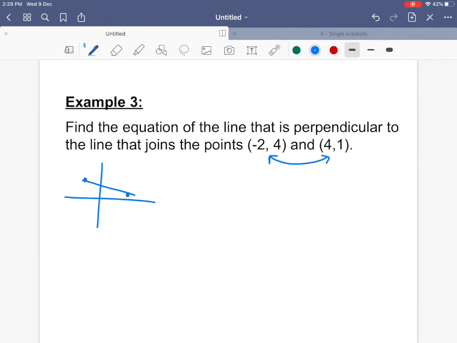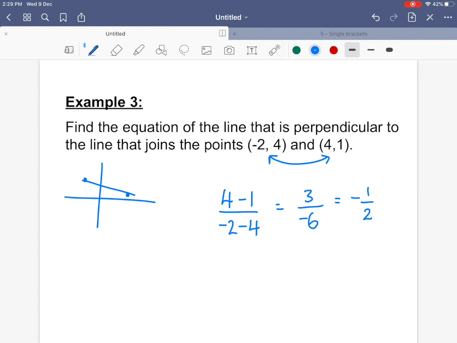So I can find the gradient between those 2 points, which is the change in y, or the rise, divided by the change in x, which is run. I'm just using my gradient formula. So it's 4 minus 1 over minus 2 minus 4, and that gives me 3 over minus 6, which simplifies to negative 1/2.